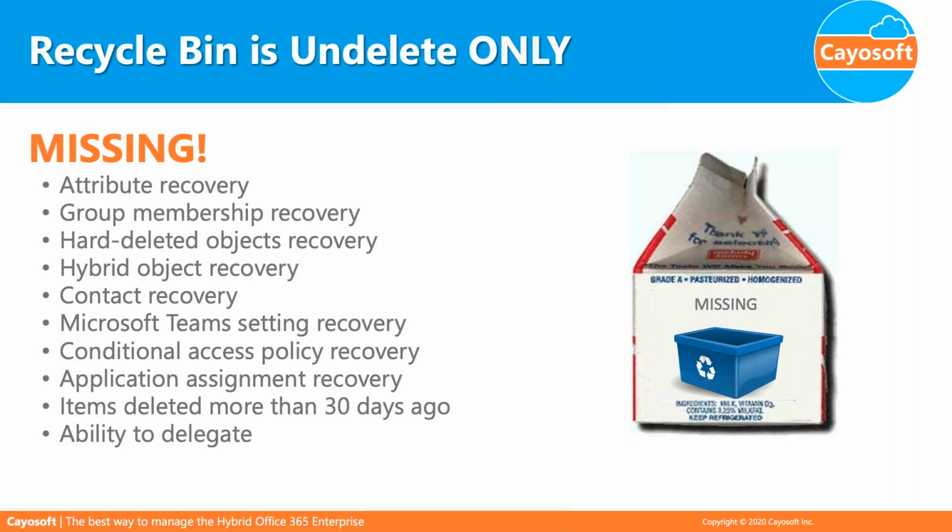On premise, those deleted objects actually go into something called the deleted items container, where they're missing all their attributes. So you can bring the object back, but you can't put the attributes back, right? So you get the thing back, but it's worthless because you don't know who was in the group or whatever. And there are some types of objects that just immediately do that. Exchange distribution lists, I think, are one of those. They don't actually hit the recycle bin in Active Directory on premise.